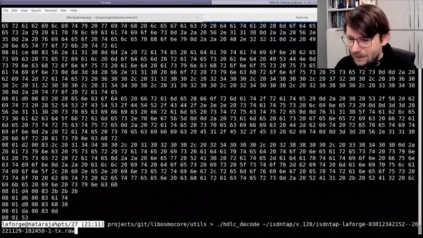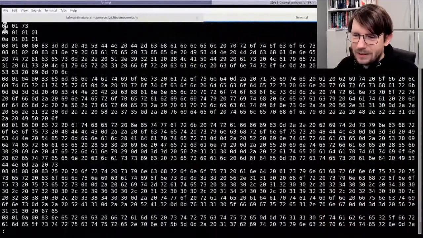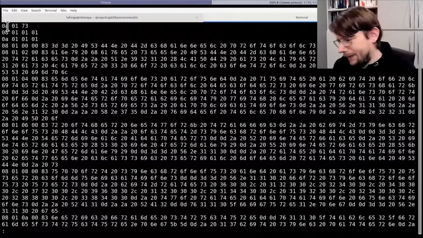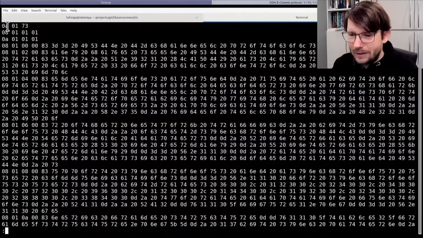Let's maybe start from the beginning. So we see here the frames. The FCS is already stripped, and the flag octets are stripped.